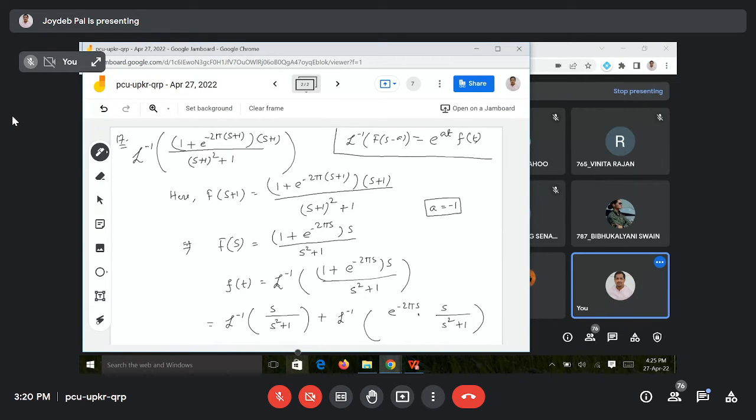Cos t. Cos t. Correct. And for the second part, what will we do? For the second part, it is of the form e to the power minus as into fs. So t shifting. So you compare with the t shifting property and tell me what the answer will be for the second part.